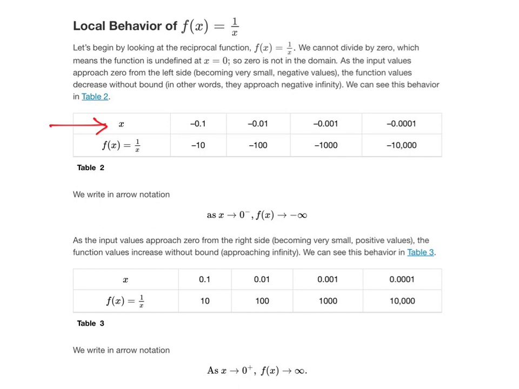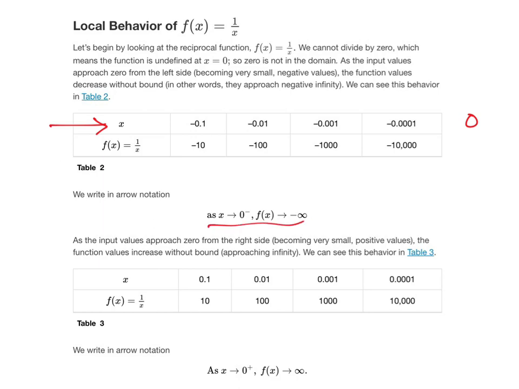We're starting at negative 0.1. Then we go negative 0.01. Then negative 0.001. From which direction am I approaching 0 here? From the left, right? These numbers are getting closer and closer to 0, but they're all negative. So I'm approaching 0 from the left.